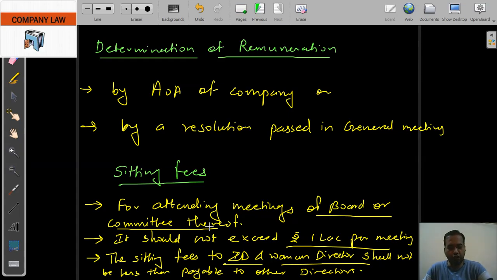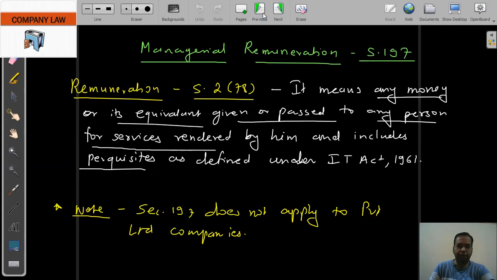In case of fraud or non-compliance with any requirement under the Companies Act and the rules made thereunder, there can be recovery of managerial remuneration. So with this we have completed the part on managerial remuneration as well. Please make a note of all these points.